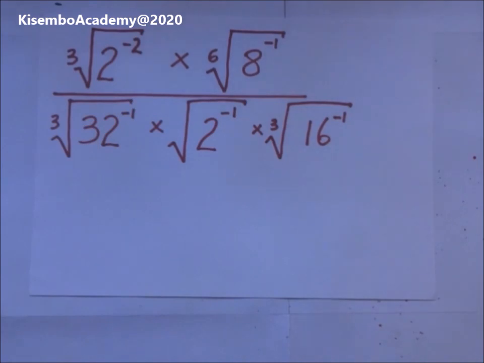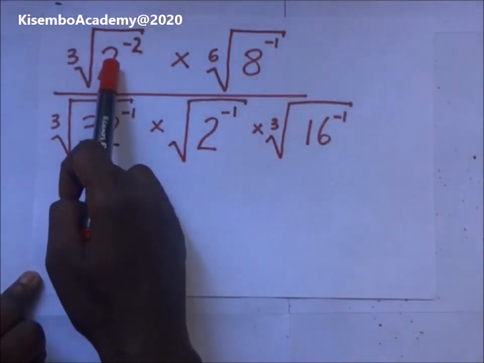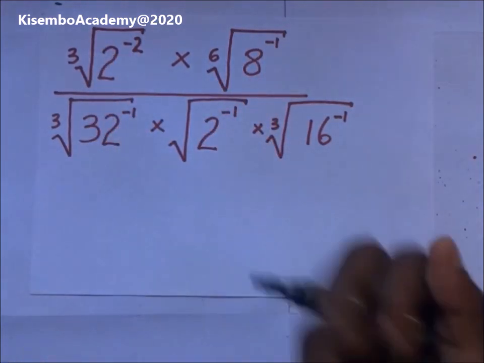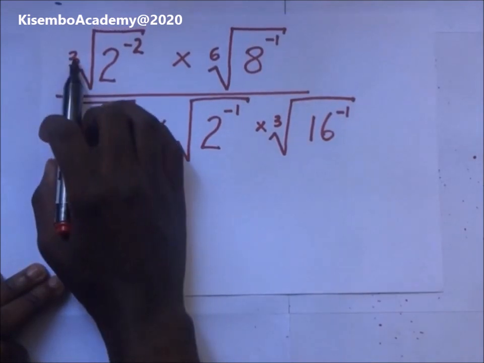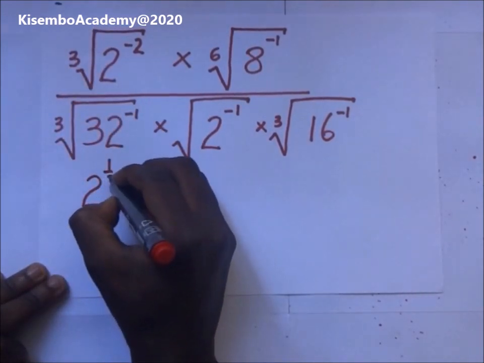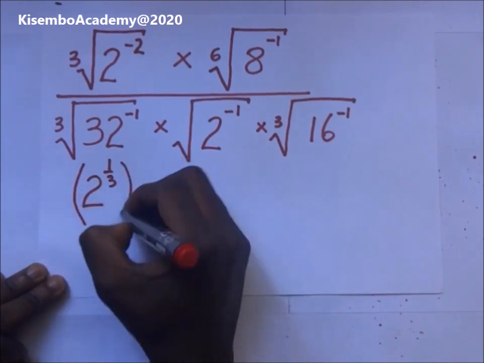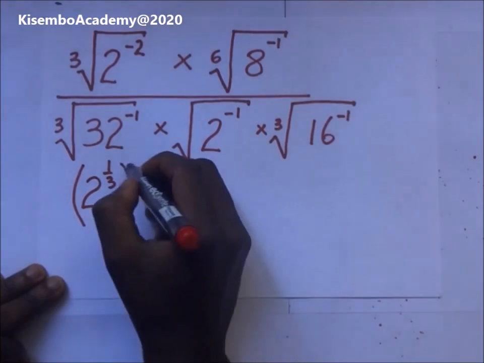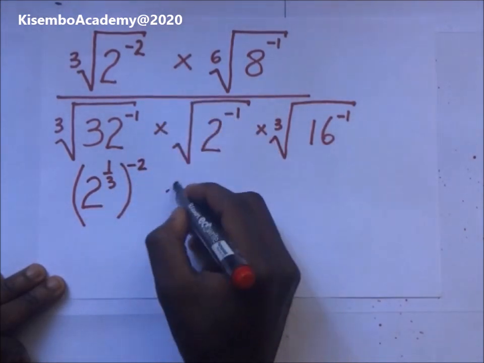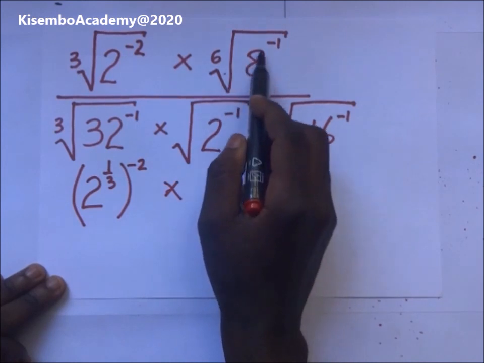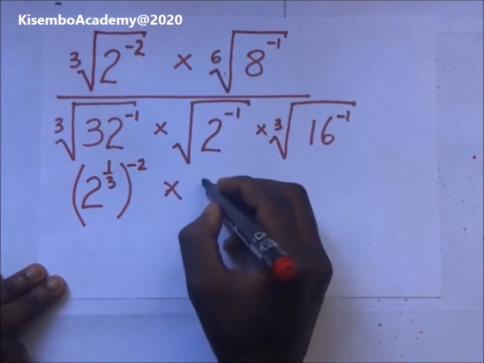From that previous clip from our previous video, we said we can convert this back to the fractional indices. So it means this is going to become 2. Since it is the third root, it's going to be 2 to the power a third. And this whole thing is to the power negative 2. Multiply that by the sixth root of 8, which means this is 8 to the power 1 over 6.